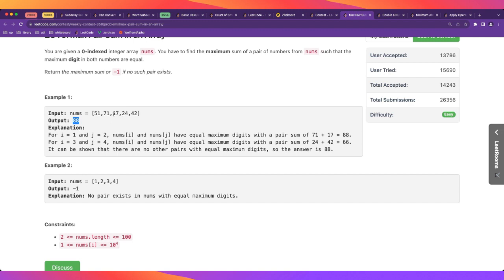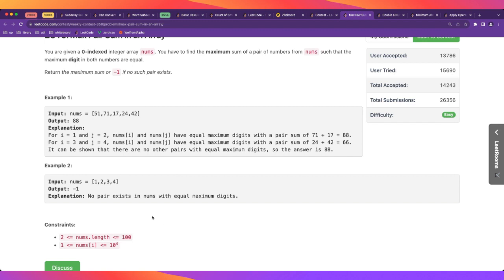For example, if we choose 71 plus 17, which both have maximum digit 7, their sum is 88, and that seems to be the maximum. In the second case, since they are all one-digit numbers, there are no pairs that satisfy the condition, so we have to return -1.